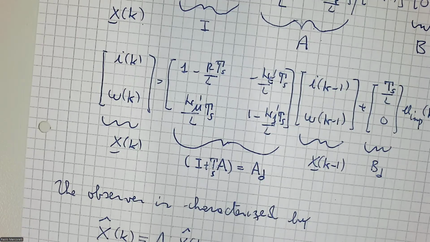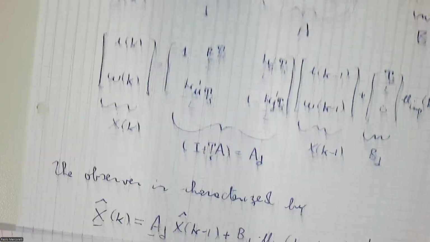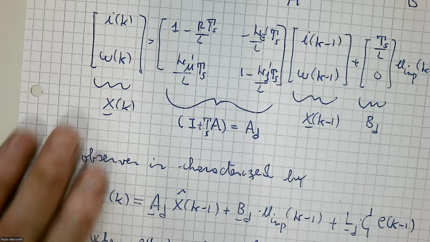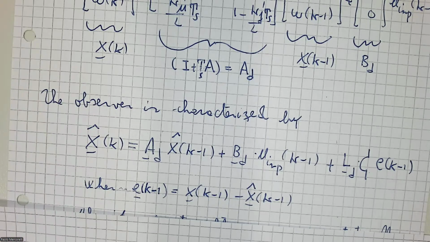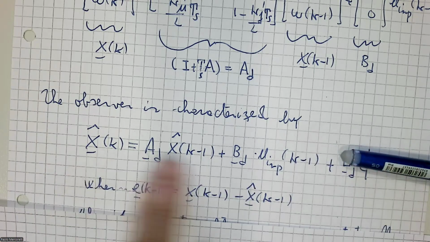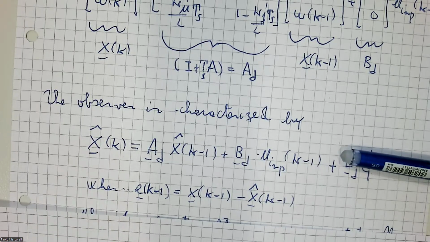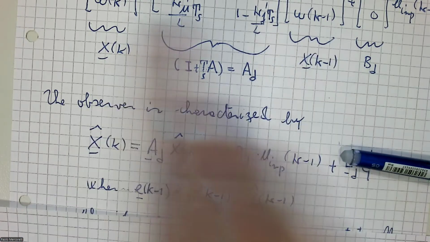Let me now introduce the concept of the observer. Look at these two equations. The observer is characterized by the model, exactly x hat, because we will see it is not exactly x. I will tell you in 1 minute, but we will want to have x hat equal x, which is basically the discrete model, exactly what we have here.